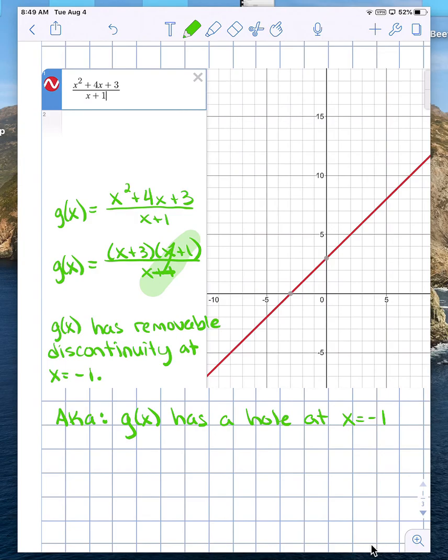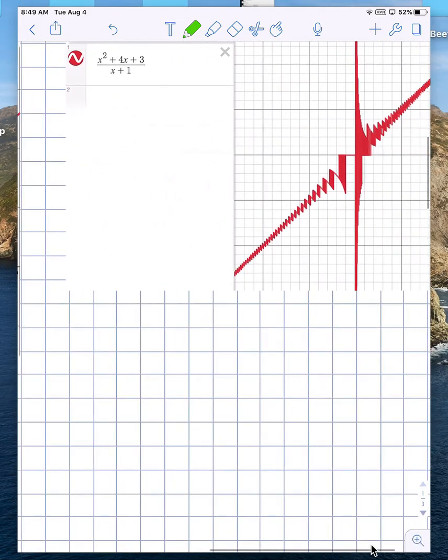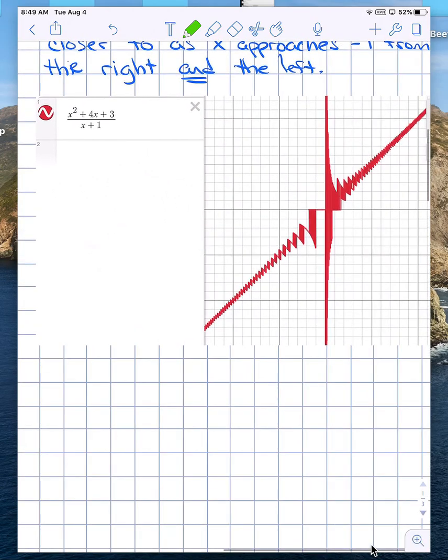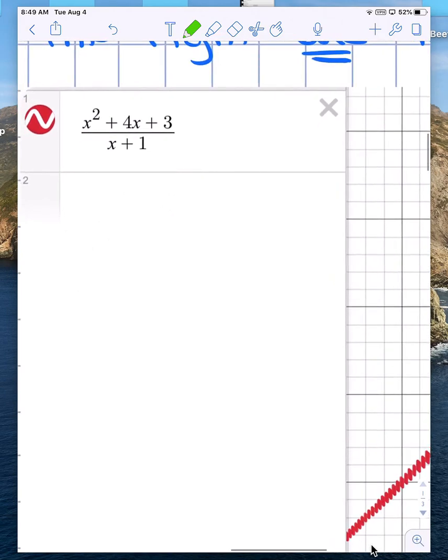So I graphed this in Desmos. I zoomed way in on that removable discontinuity, and this is what it showed me. Really hard to see. It's actually easier to see on your graphing calculator. And I would recommend that you graph this function in your graphing calculator right now and zoom in on the point x equals -1.